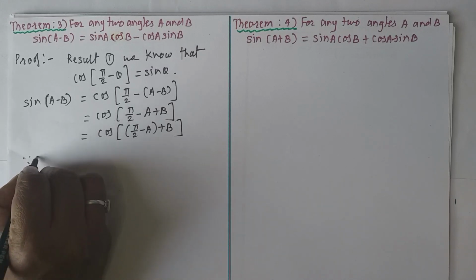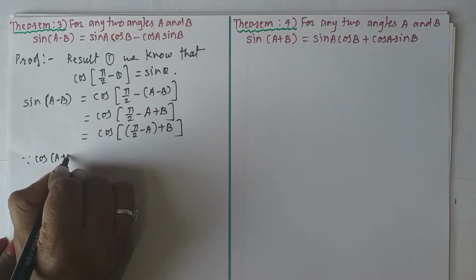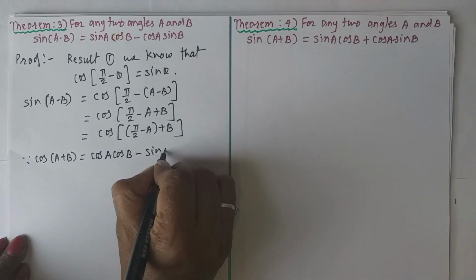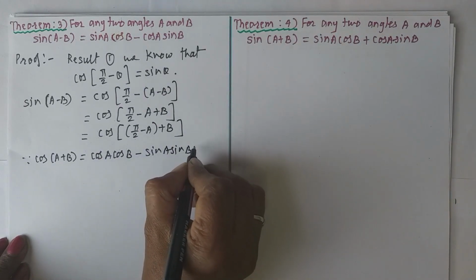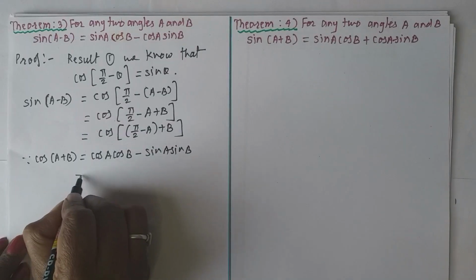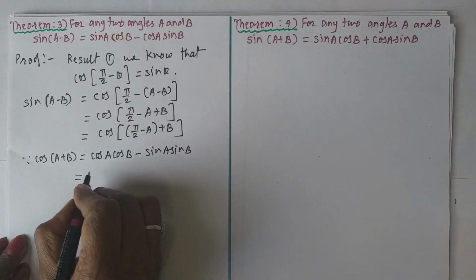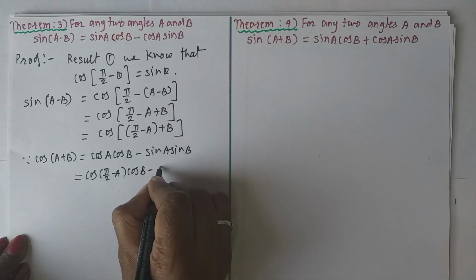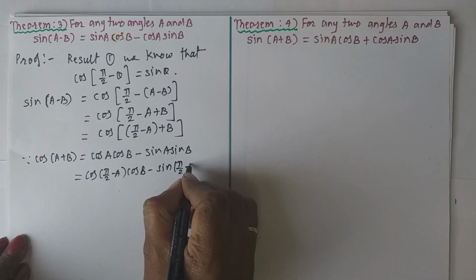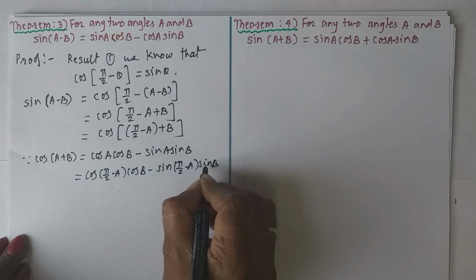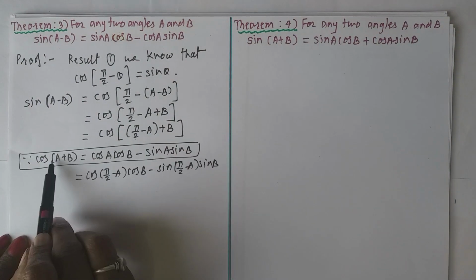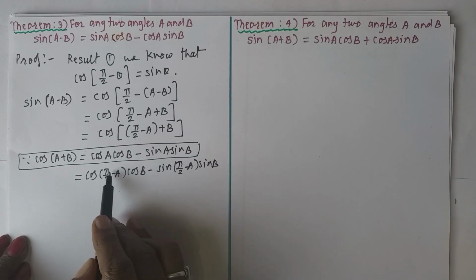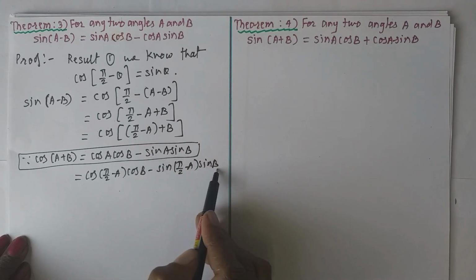Cos A plus B means cos A cos B minus sin A sin B. We will use this formula here. Now what is A here? A is this, pi by 2 minus A. Cos B as it is, minus sin pi by 2 minus A sin B. We are using this formula, cos A plus B, where A is this and B is this.